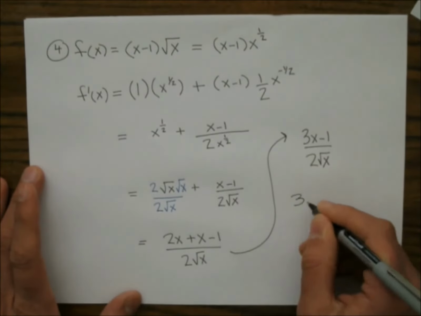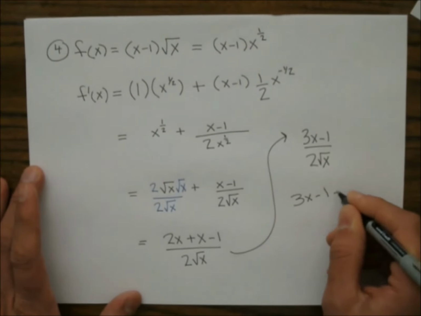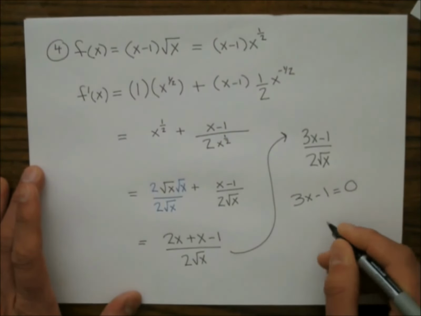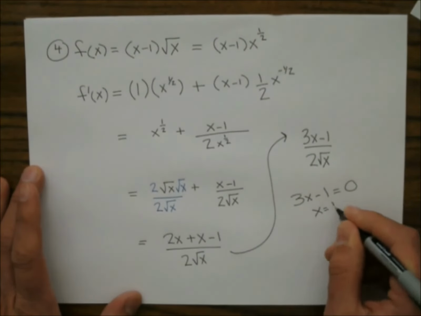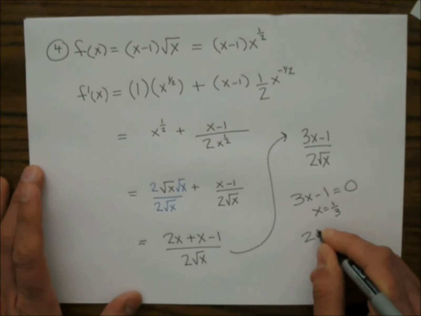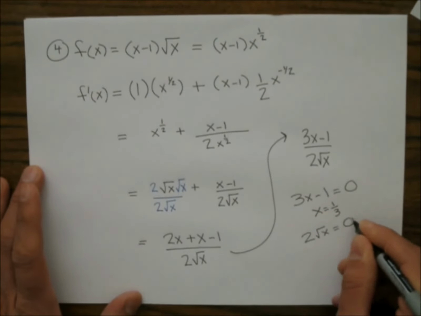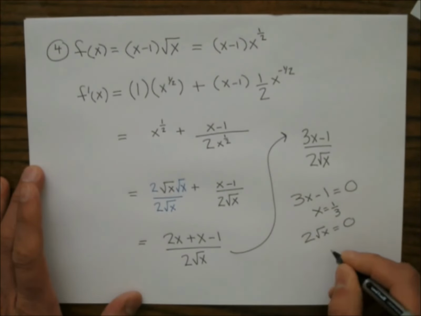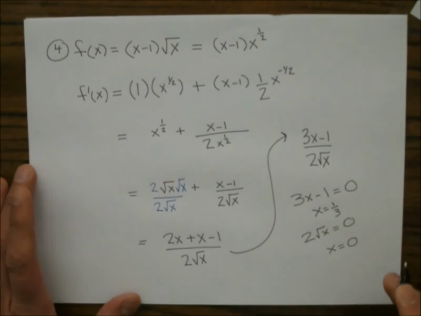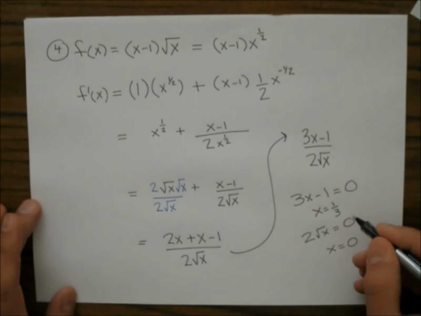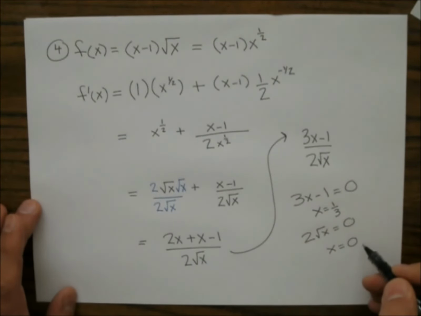You set the top equal to 0, you get x equals 1/3. You set the bottom equal to 0, you divide by 2 and square both sides, you'll get x equals 0. So it looks like we have two numbers here.